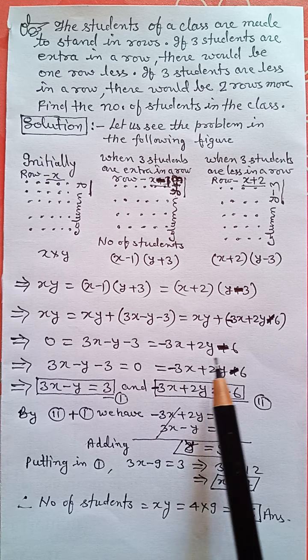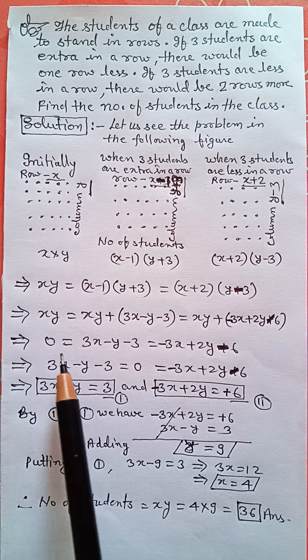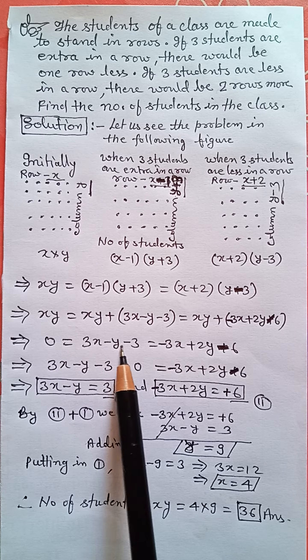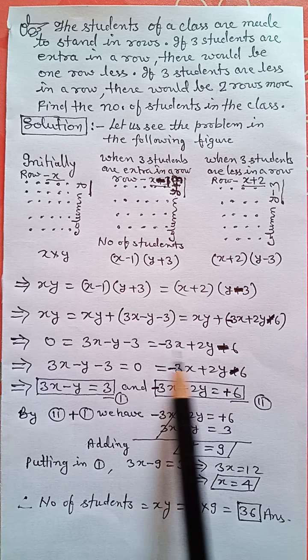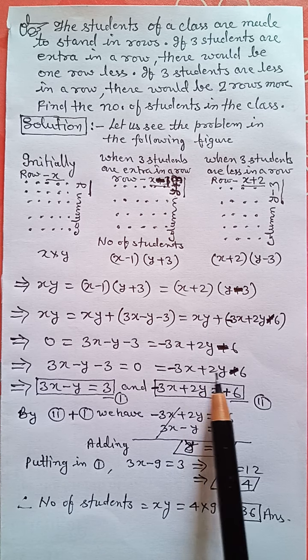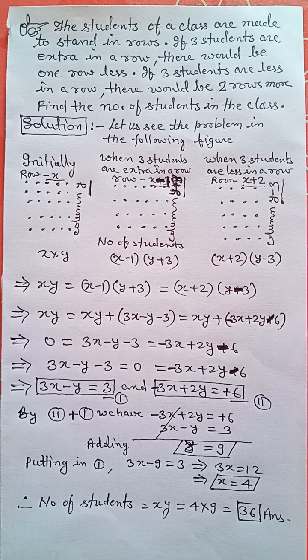Now this expression can be rewritten as 3x minus y minus 3 is equal to 0. And this 0 is also equal to minus 3x plus 2y minus 6. Now we have two equations.